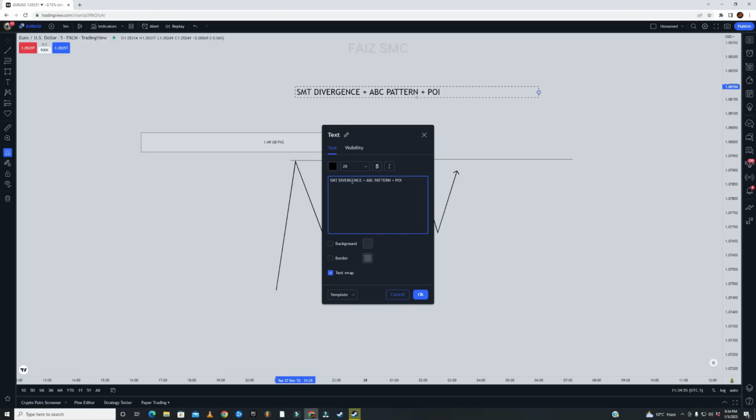You don't need to combine these. But if you do, you know what I'm trying to say, right? Your setup gets even better. You will have even more confidence in your setup, because you're using three confluences, right? You're using SMT divergence, ABC pattern formation, and POI. This thing is going to blow your mind.